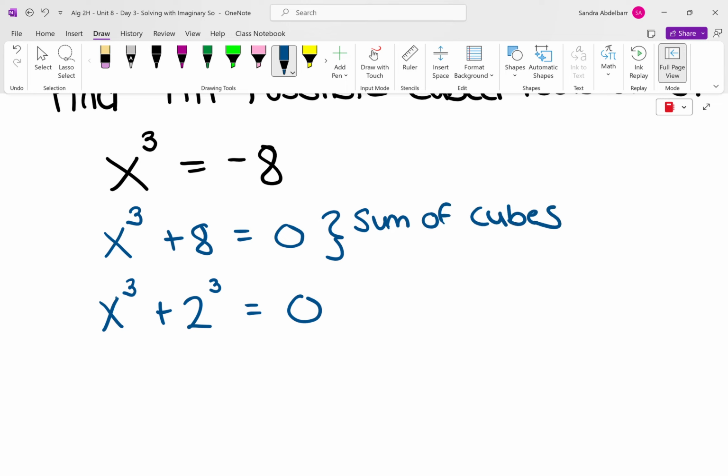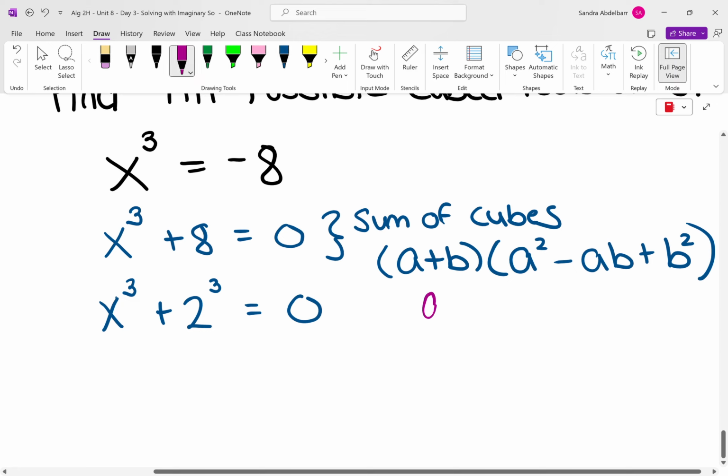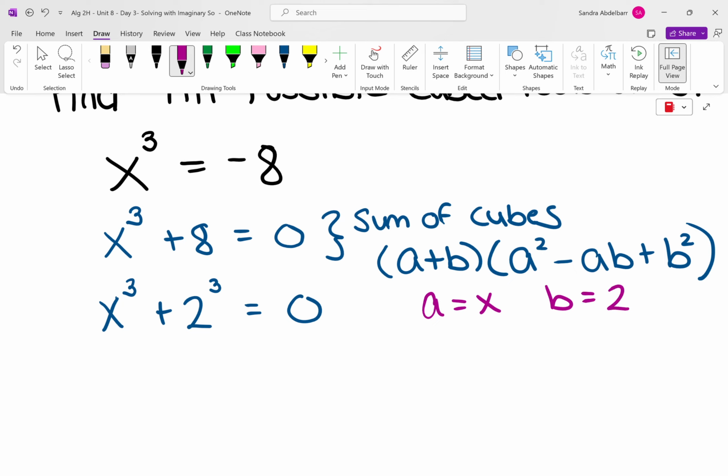So remember, sum of cubes. When we factor a sum of cubes, it becomes a plus b times the quantity of a squared minus ab plus b squared. Do we all agree my a is x and my b is 2?